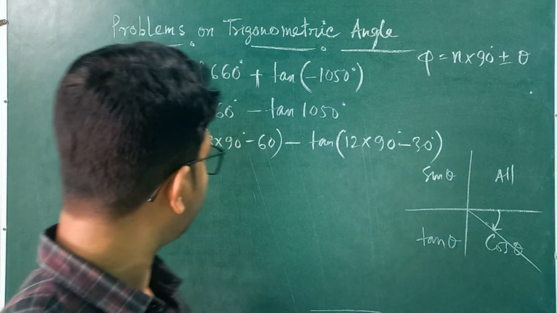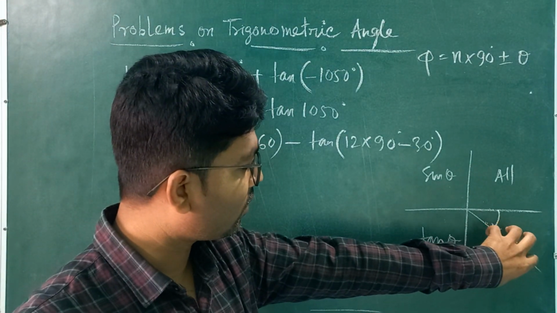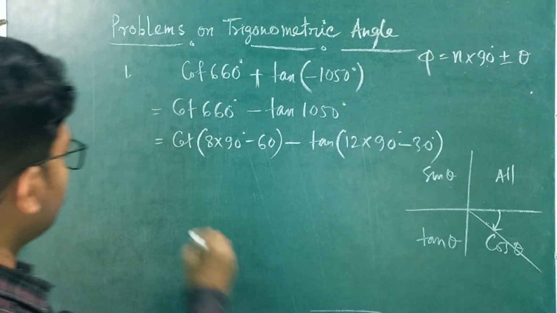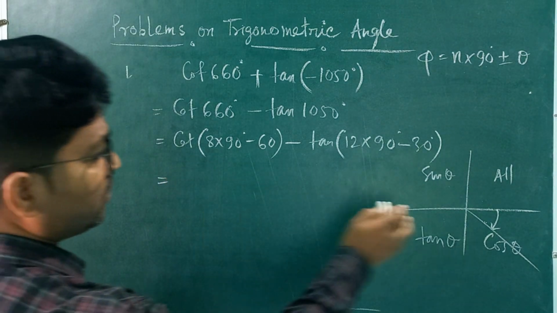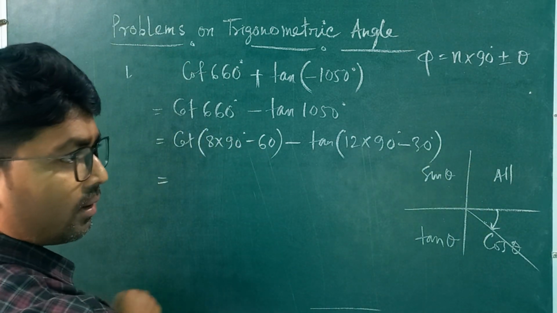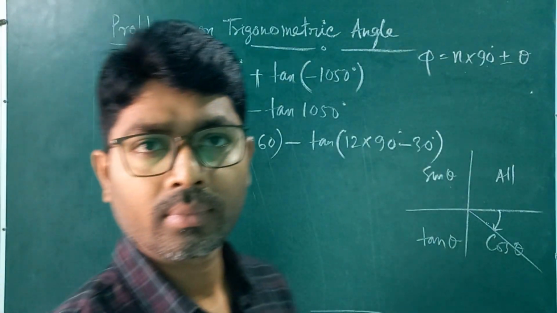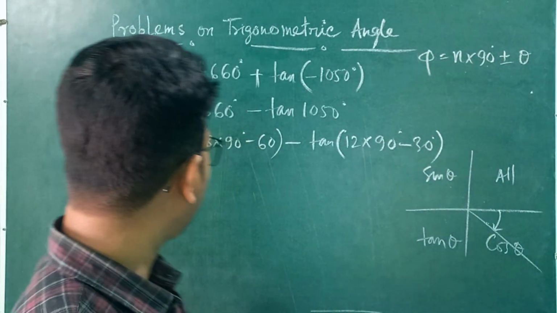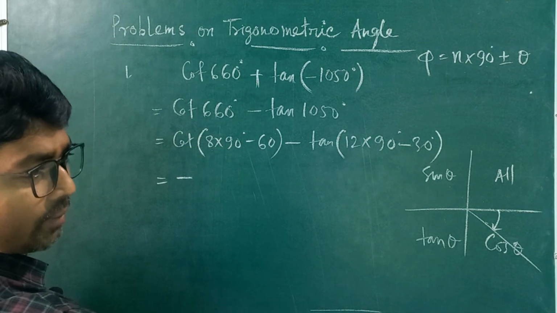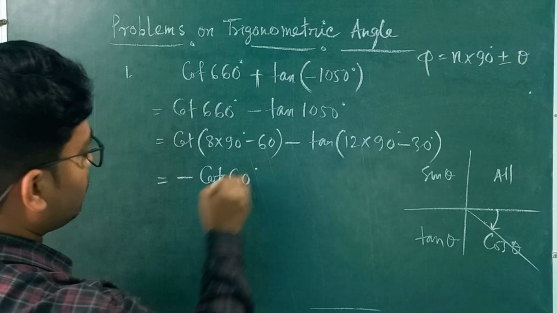So in fourth quadrant, what is negative? Because this is the quadrant of cos. So I apply all sin tan cos rule to check in which quadrant this angle lies and apply the sign. What is the sign here? Minus. Clear? And as this is even multiple of 90, so cot remains cot, and this one minus cot 60.